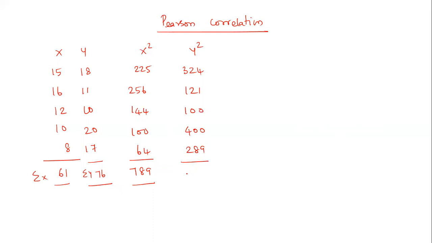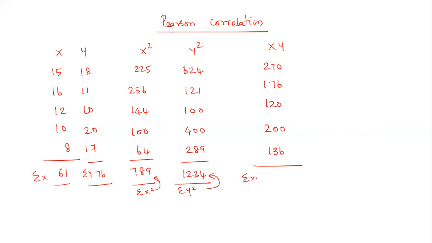The sum of this is 1234. This is summation of X square and this is summation of Y square. Let us calculate XY. XY is 270, 176, 120, 200, and 136. So here the summation of XY is 902.